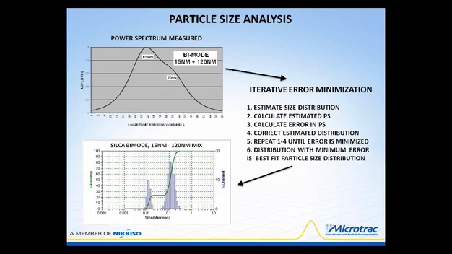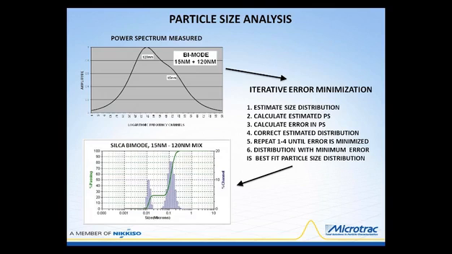And to analyze that, to get our particle size distribution, we can go through an iterative process that ends up with a best fit of a particle size distribution to determine that power spectrum.